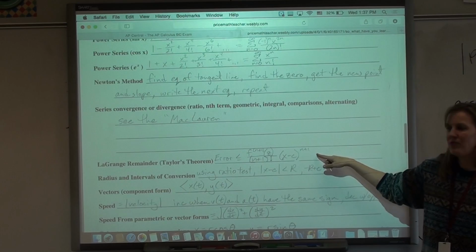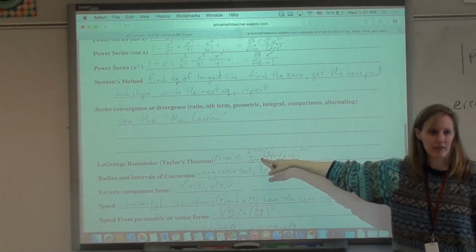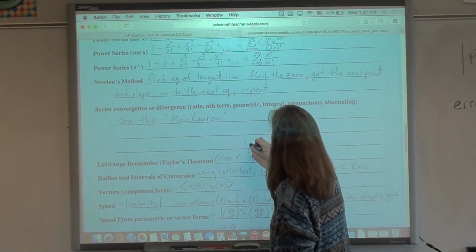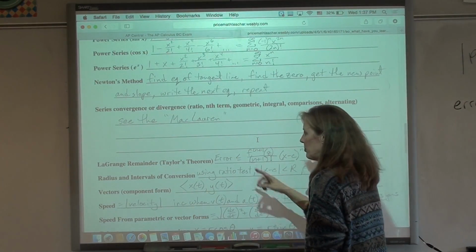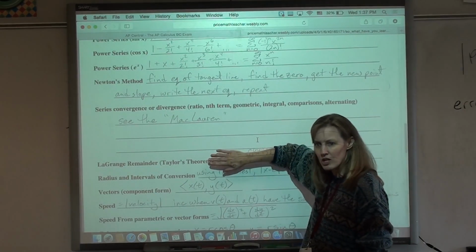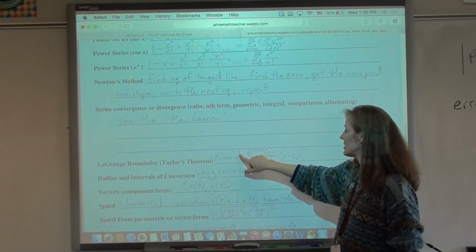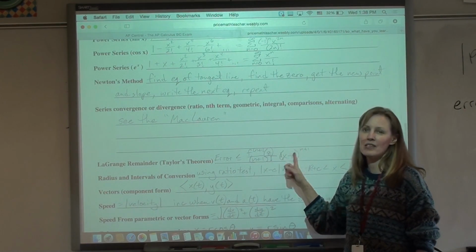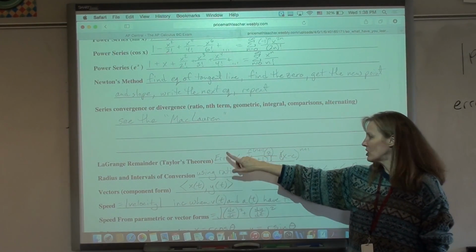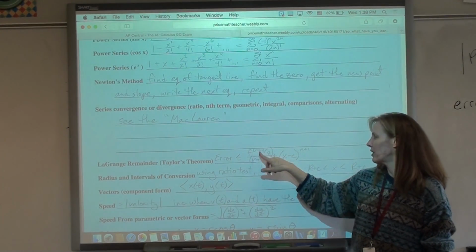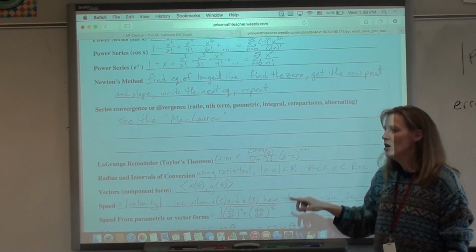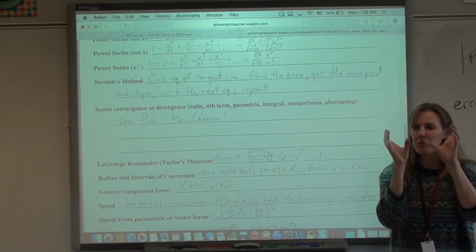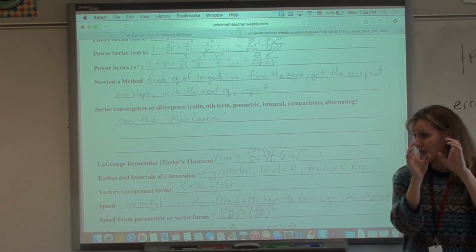Lagrange, there's a formula on this, okay? So I can't get my marker to work on here, so I'm going to put it over on the board. So those of you watching, this is wrong. It should say max with an absolute value. I had just done a Lagrange before writing this out, and I just flaked and did not write it. But it should say max of the absolute value of the n plus 1 derivative. Whenever you see an n plus 1 in parentheses as an exponent of an f, it means that derivative.